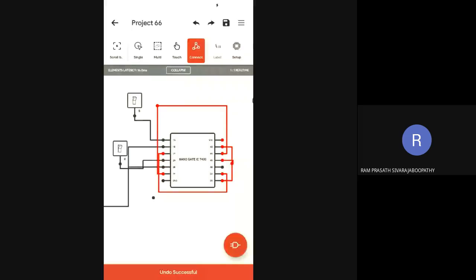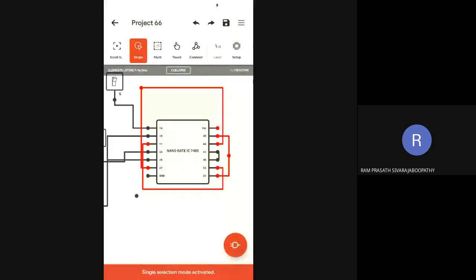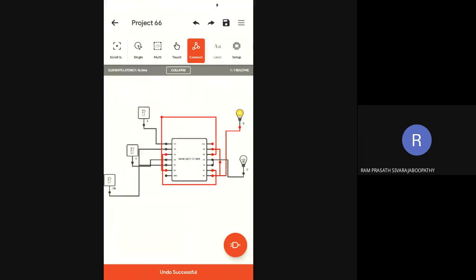Zoom and give. That's all. So now we have the outputs: Q at 3Y and Q bar at 4Y. That's all.